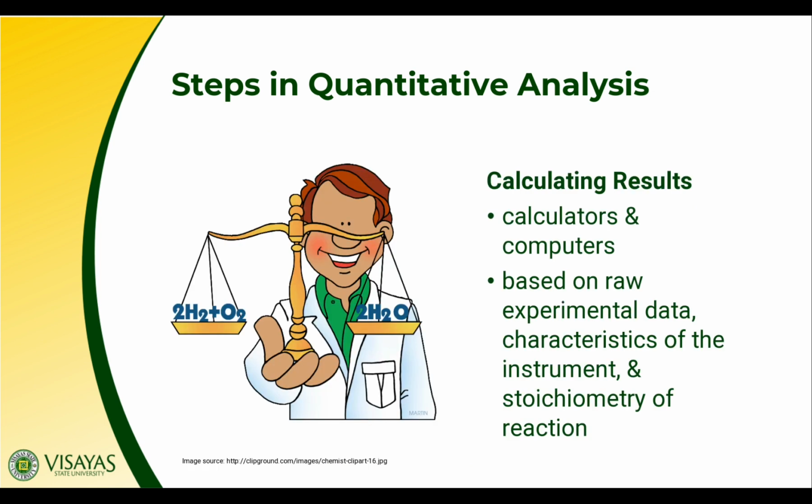After the standardization and calibration, we proceed with the calculation of the results. Of course, this mainly uses calculators and computers, and the basis for those calculations would be the raw experimental data, characteristics of the instrument, and the stoichiometry of the reaction.